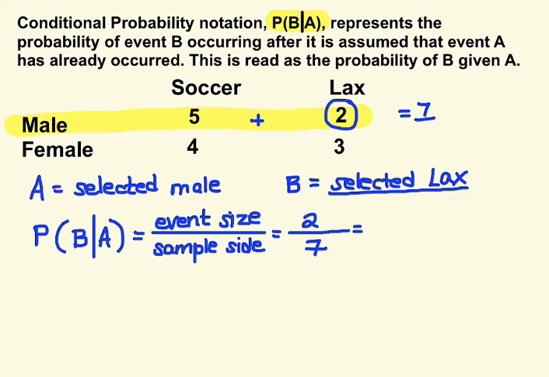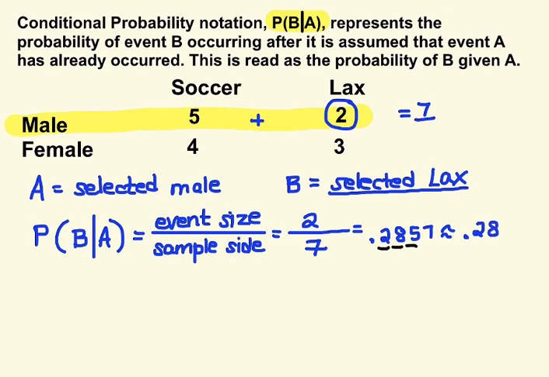And if you put 2 divided by 7 into your calculator, you will get 0.2857. Okay, we want 3 significant digits. 2, 8, 5. Those are our 3 significant digits.